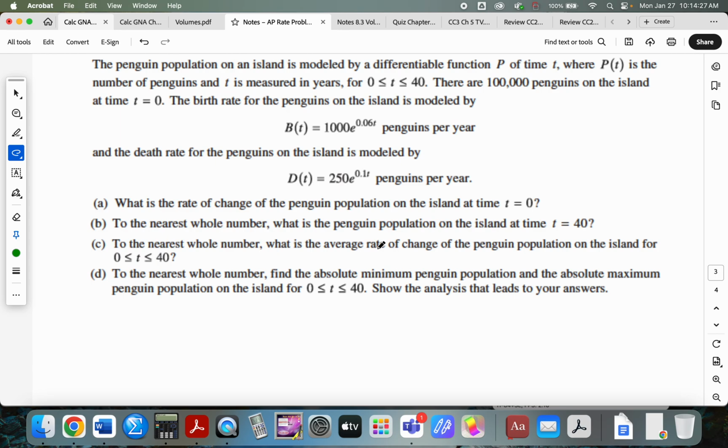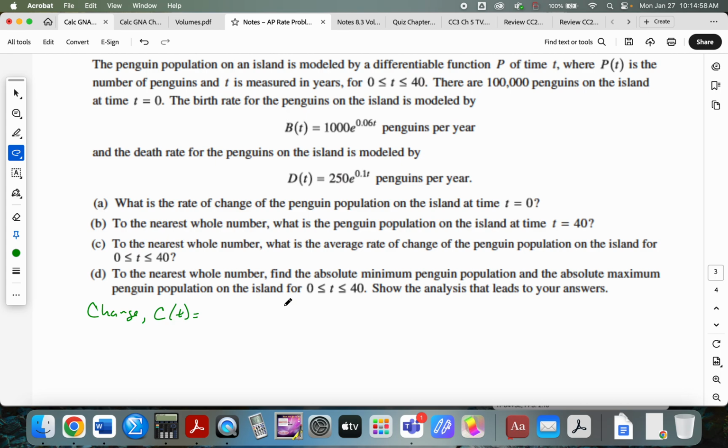So what is the rate of change in the penguin population on the island at t equals 0? Well, so the change, and I'll call that C of t, what's that going to be equal to? Just in general, you don't have to give me all the numbers.